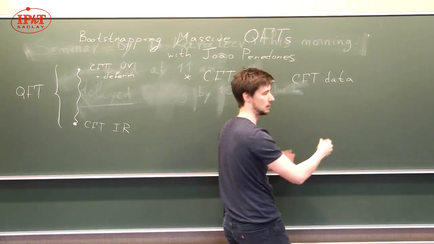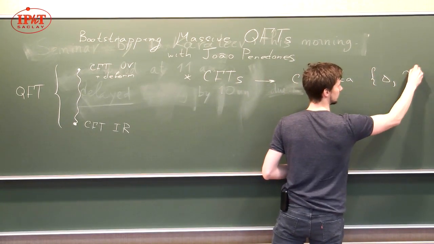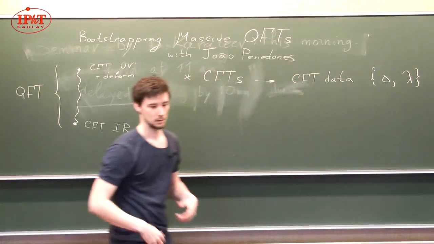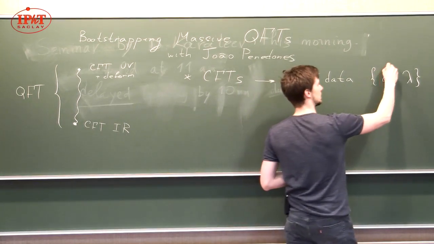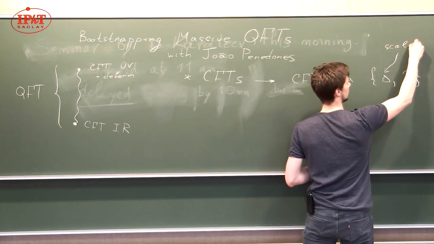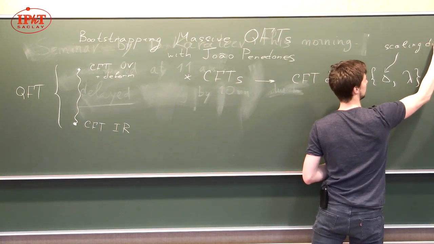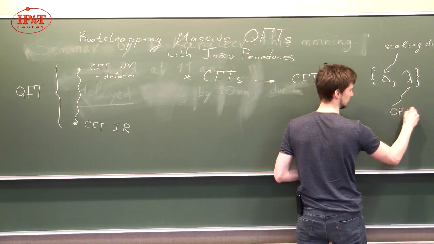And I'll schematically denote these numbers by delta and lambda. So in conformal field theories, I'll have local operators, and these deltas are the scaling dimensions of these local operators. And these are the OPE coefficients.